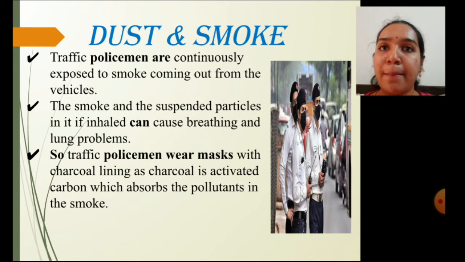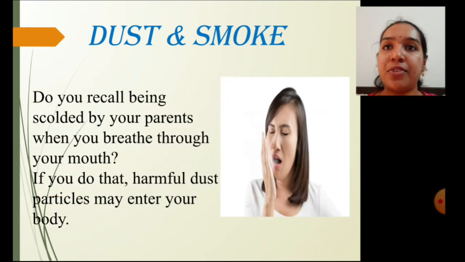That is why policemen who are always exposed to dust and smoke wear a mask. These filters of hair and mucus are not present in the mouth. So the dust and smoke enter our body when we breathe through our mouth. So it is advised to avoid breathing through the mouth.